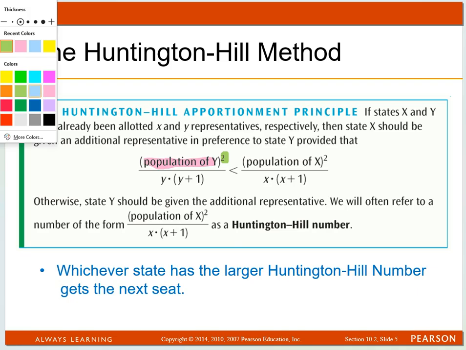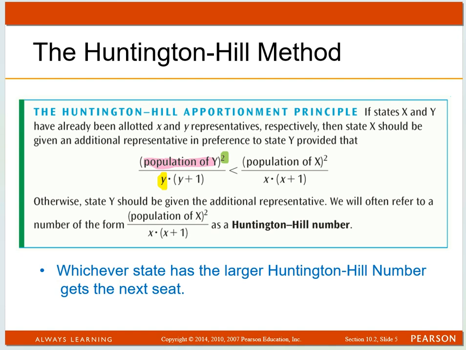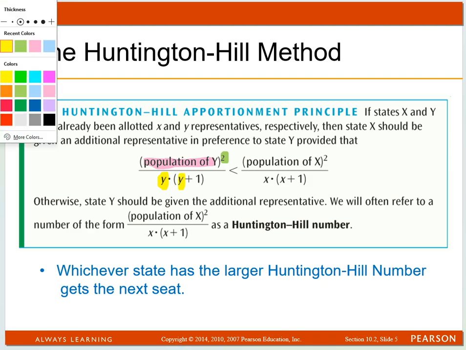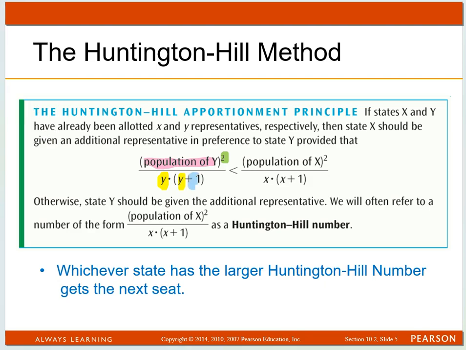And then you're going to divide that by the number of representatives times the number of representatives plus one more. And when you do this calculation, that's what they call the Huntington Hill number.